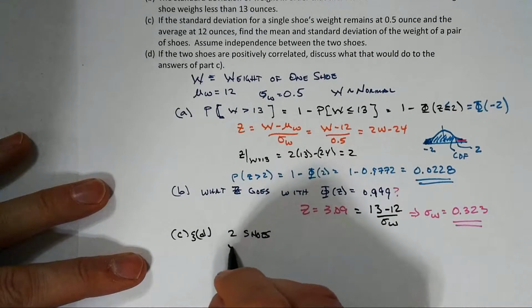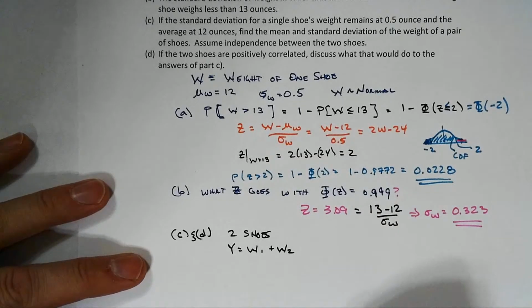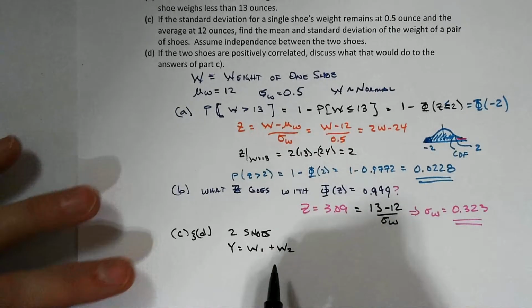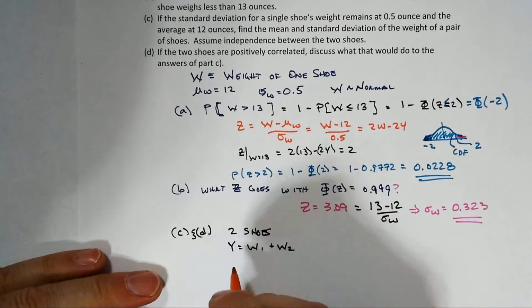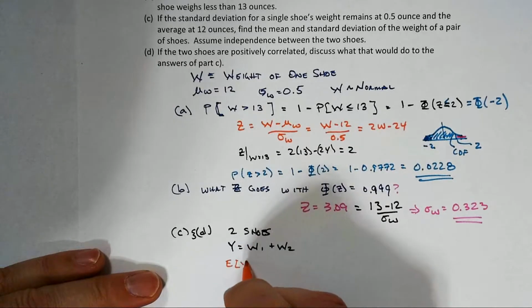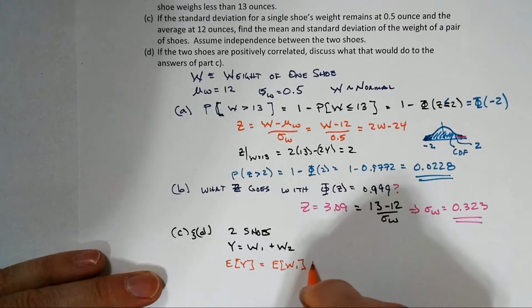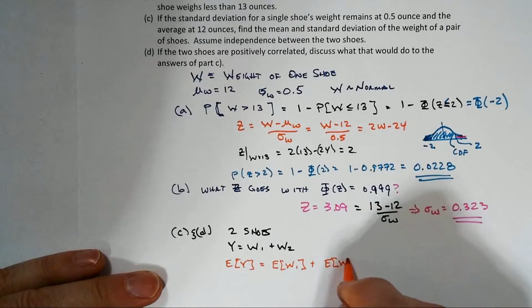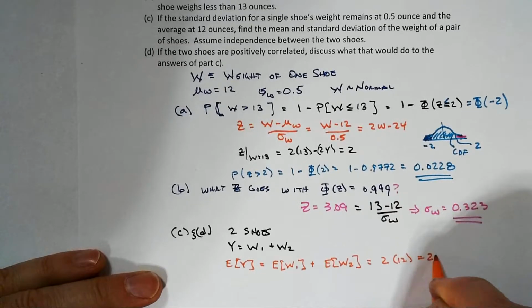and the total weight, y, equals the sum of the individual ones, assuming that they are independent identically distributed. So the expected value of y, this is just an expected value of a linear function, so therefore that's the sum of the individual expected values, and since those are the same, that would be 2 times 12, or 24 ounces.